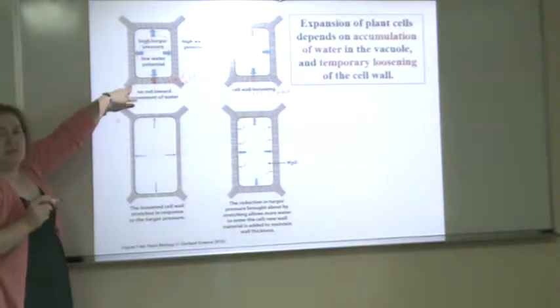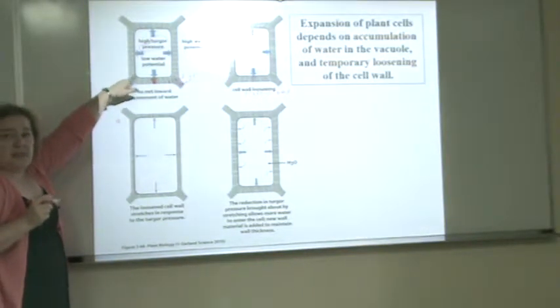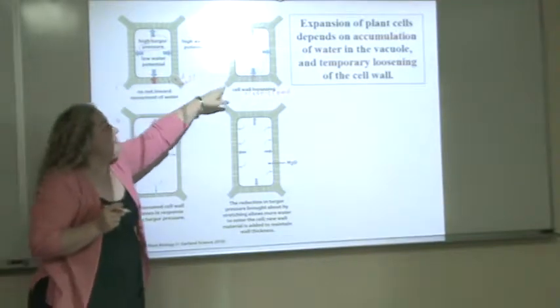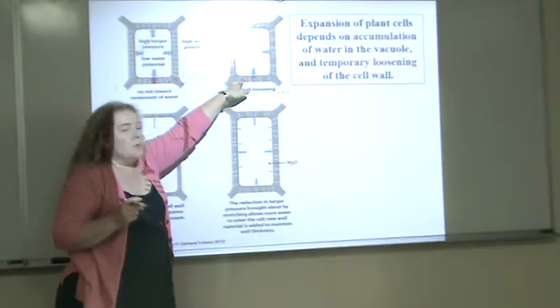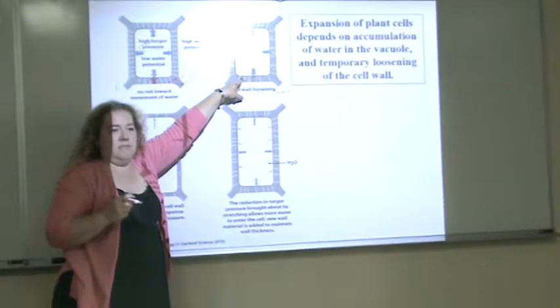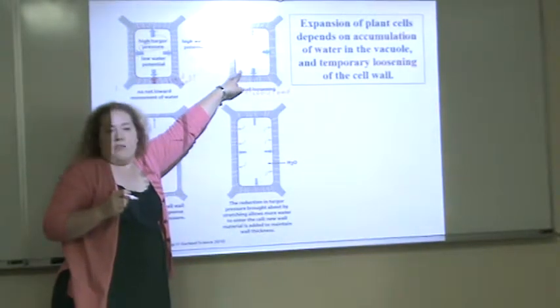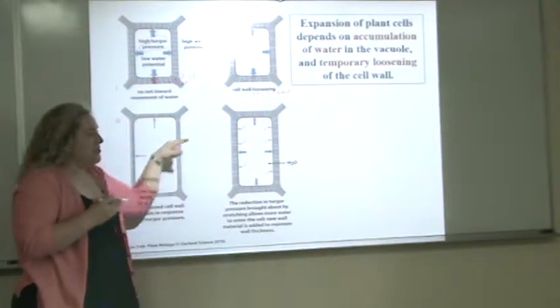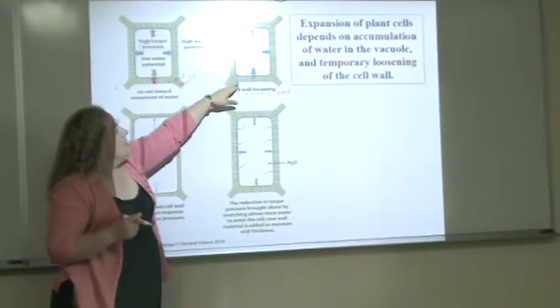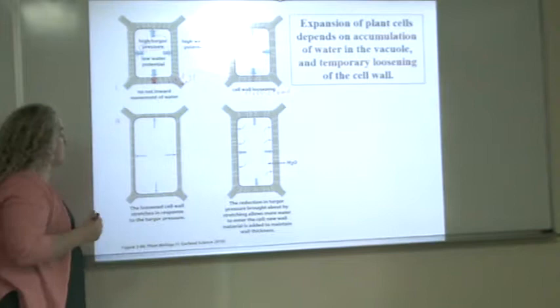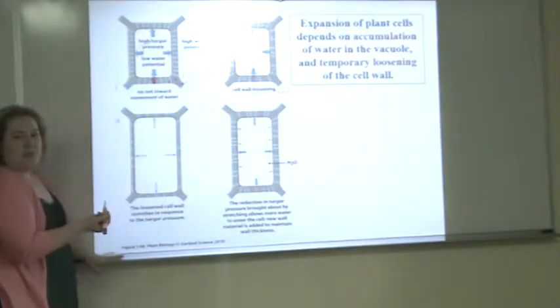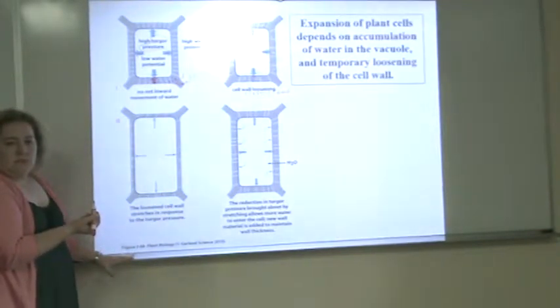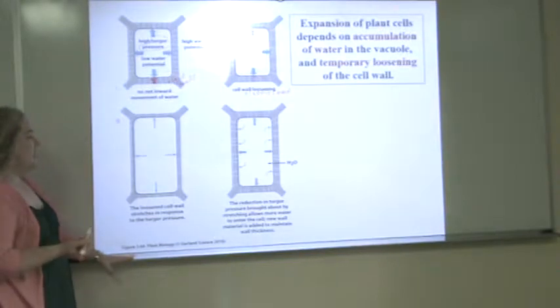A cell without loosening its wall will maintain a certain size. As soon as the wall is loosened, the force that it can exert is less, and the blue arrows overpower the red arrows. The turgor pressure is greater than the wall resistance, and the cell will expand. The turgor pressure is pushing out against the loosened wall.